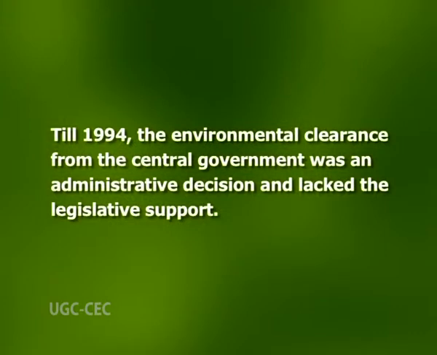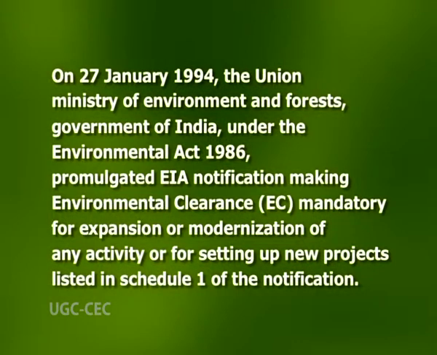Till 1994, the environmental clearance from the central government was an administrative decision and lacked legislative support. On 27 January 1994, the Union Ministry of Environment and Forests, Government of India, under the Environmental Act 1986, promulgated EIA notification making environmental clearance, that is EC, mandatory for expansion or modernization of any activity or for setting up new projects listed in Schedule 1 of the notification.